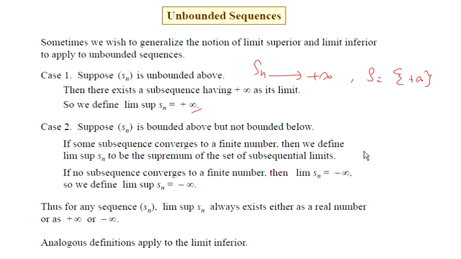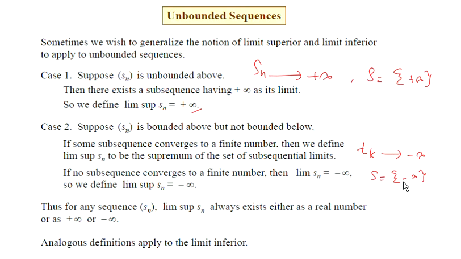For example, say T sub K approaches minus infinity. So there is only one subsequence, which approaches minus infinity. So the subsequential limit is minus infinity. And how about the limit superior?